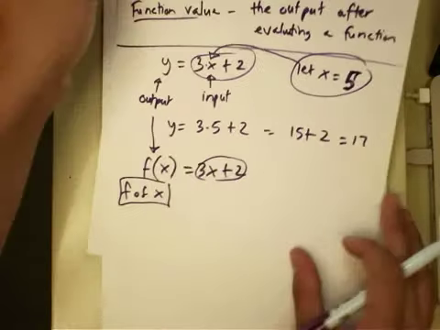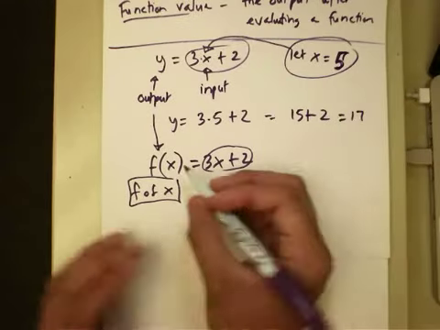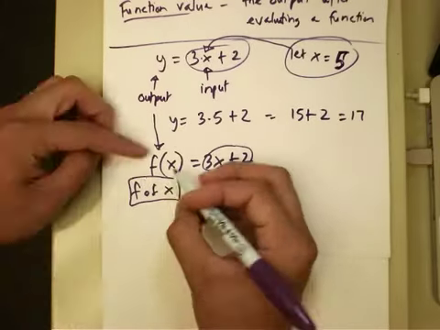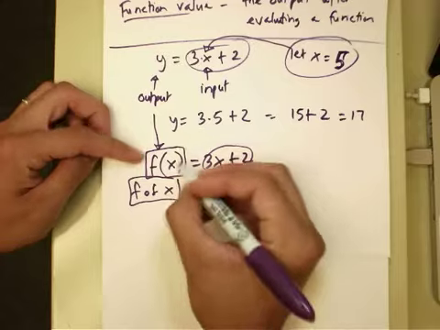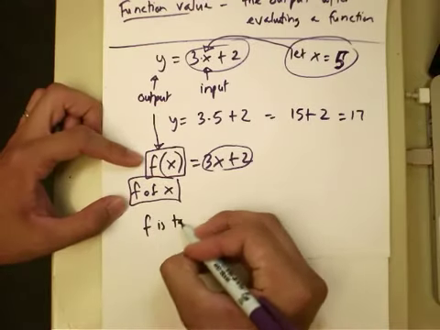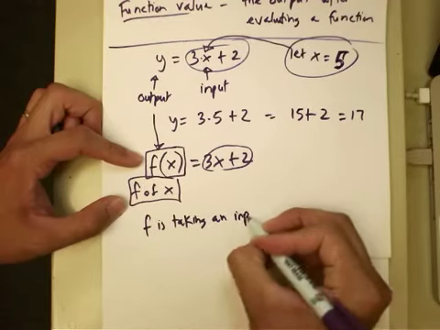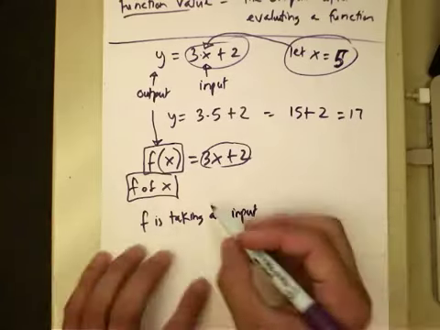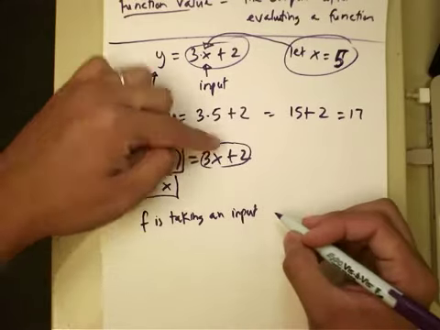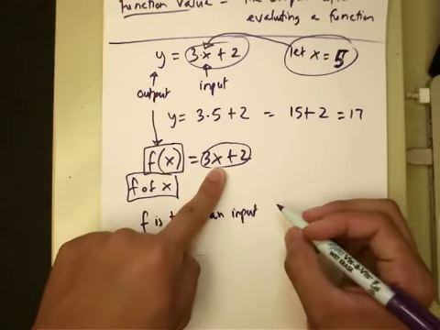Now if I want to evaluate it, what this machine, or this function, is really doing is taking in an input. When you're given something like this, read it this way: f is taking an input, then you go to the right hand side and see what happens to the input.